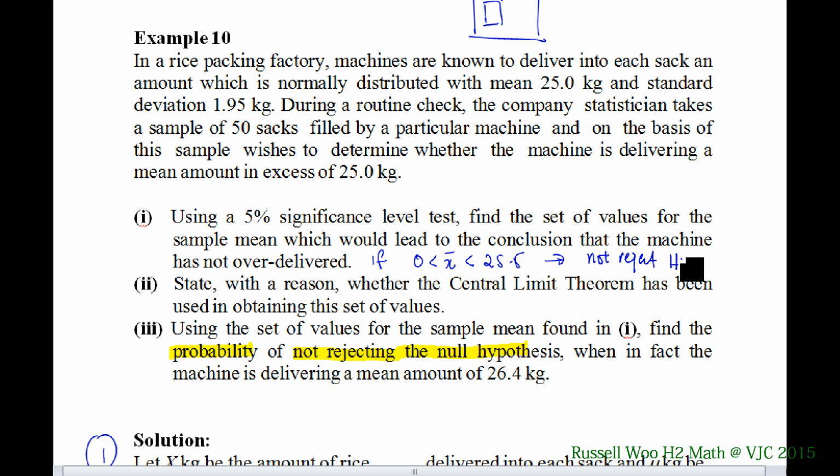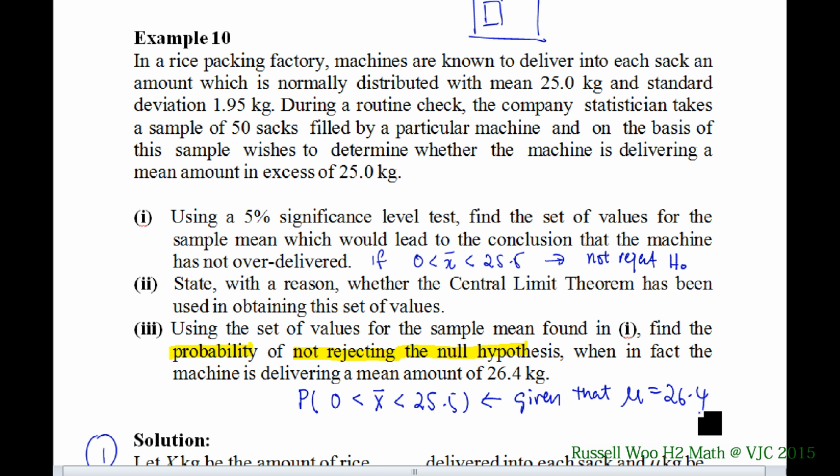Now, given that the population mean is 26.4, it is a certain thing that the population mean is 26.4. Essentially, what do you want to find? You actually want to find the probability X bar falling between 20 and this, given that mu is 26.4. To summarize, this is what we want. Follow? Good. Then we do it.